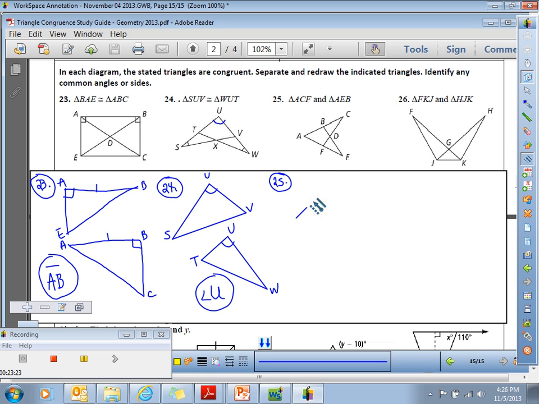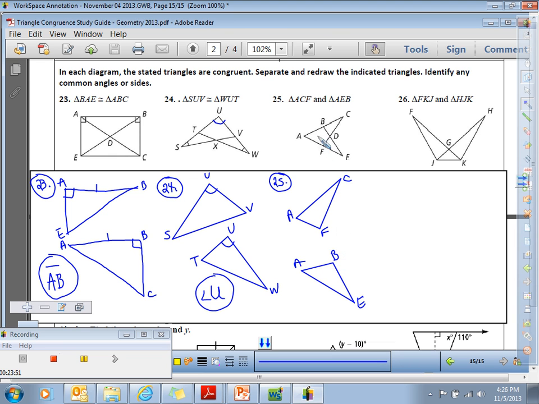25, ACF, A to C, and then AEB. So this is ACF and AEB. And they both share that angle A. Angle A would be the answer. 26.